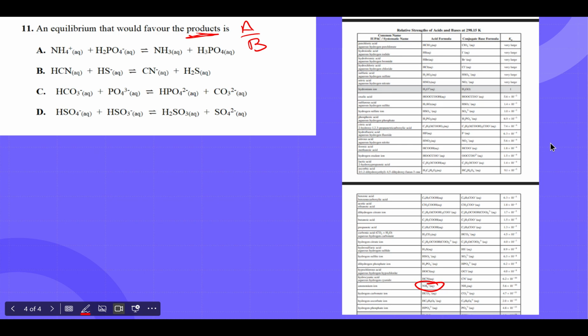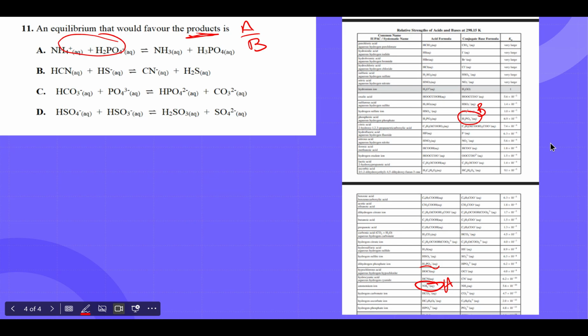That does occur here as an acid, but it's also going to occur as a base, and there it is. So in this one, your base is higher than your acid, so reactants would be favored. It's not going to be this one.